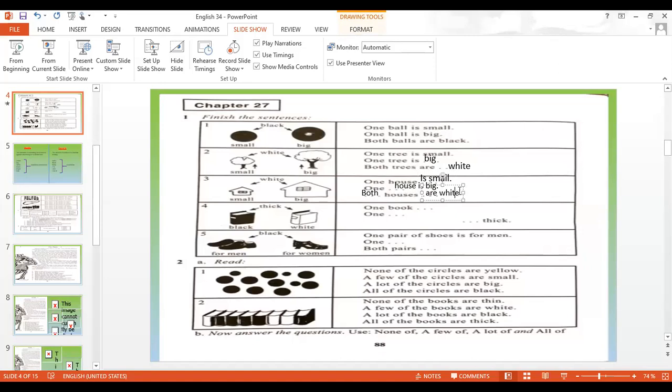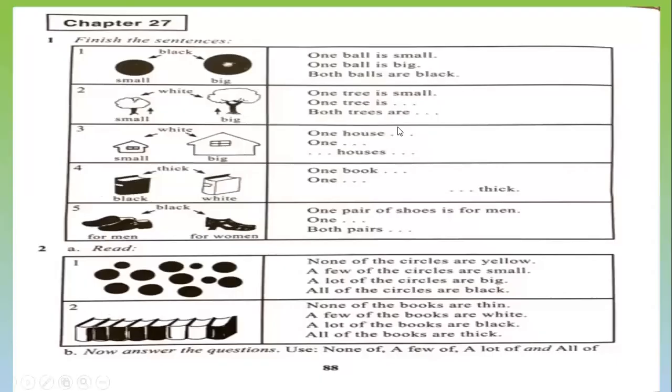And then after this also, here comes the full stop. Okay, let's see again. One house is small. One house is big. Full stop. Both houses are white.